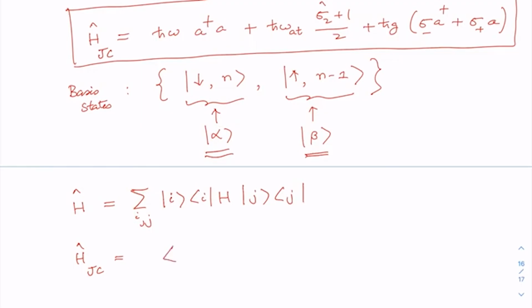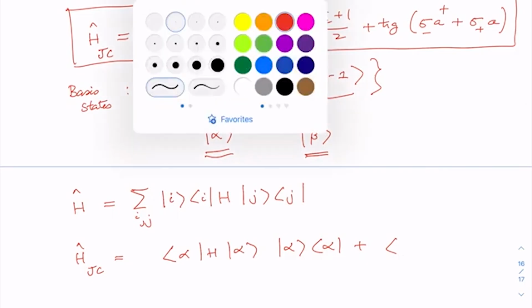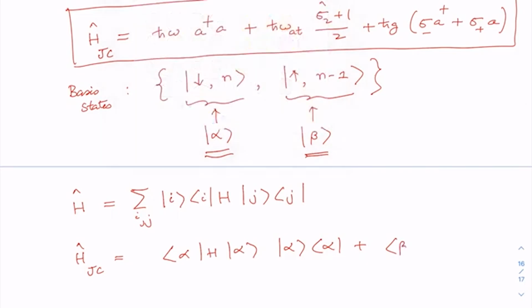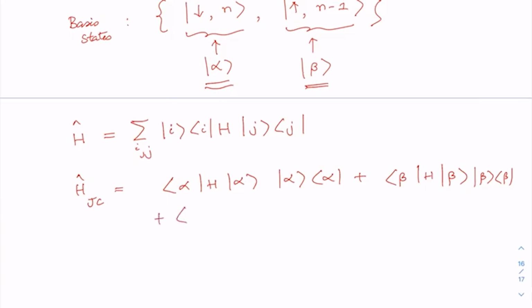So I can write it as alpha H alpha, alpha alpha, and I have beta H beta, beta beta, and I have alpha H beta, alpha beta, plus beta H alpha, beta alpha.